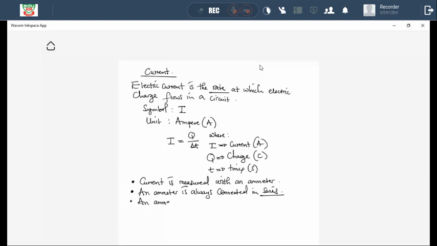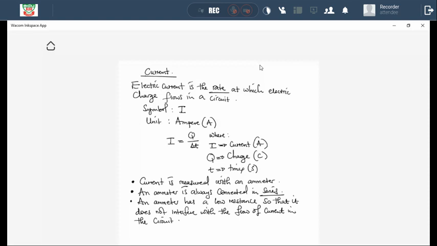An ammeter has a low resistance so that it does not interfere with the circuit, or it does not interfere with the flow of current in the circuit.